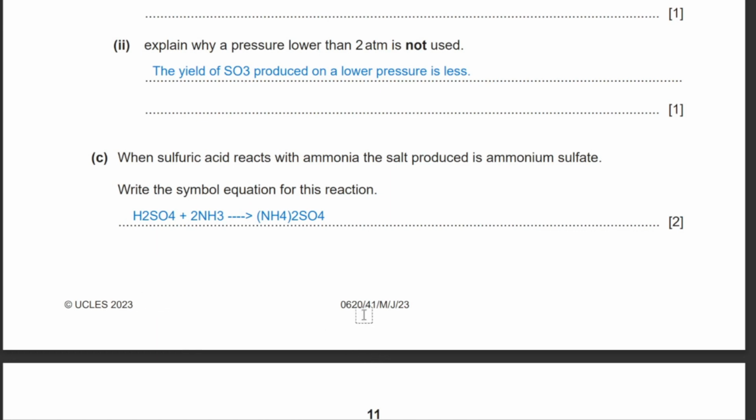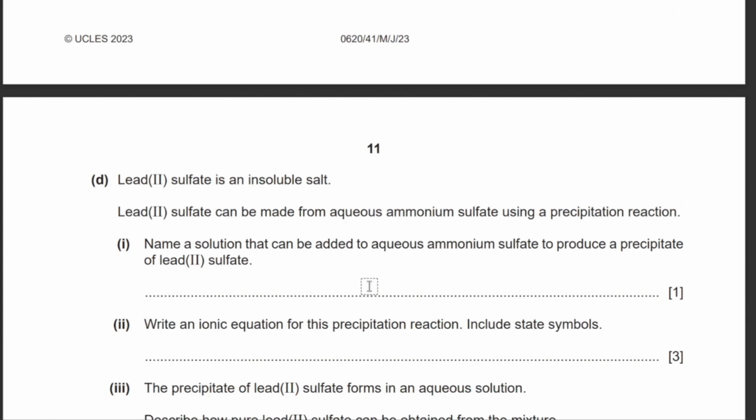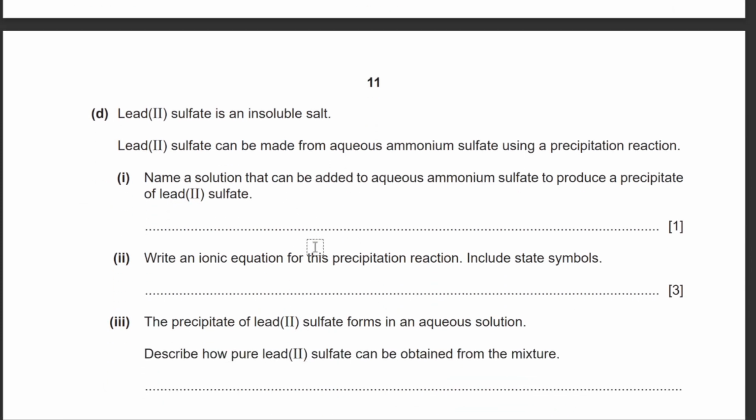Going to the next part, lead(II) sulfate is an insoluble salt. Lead(II) sulfate can be made from aqueous ammonium sulfate using a precipitation reaction. Name a solution that can be added to aqueous ammonium sulfate to produce a precipitate of lead(II) sulfate. The answer to that is lead(II) nitrate.